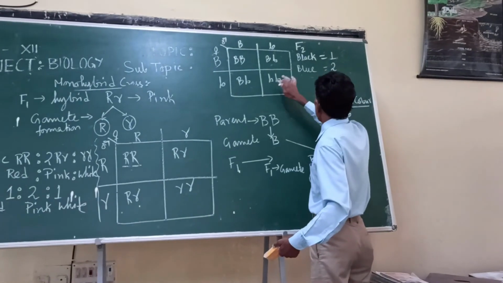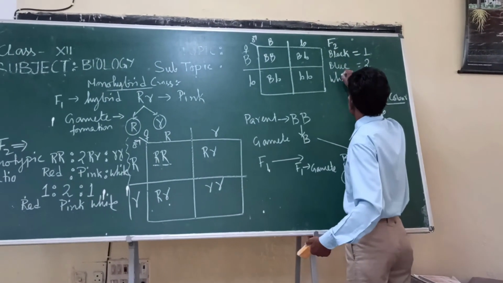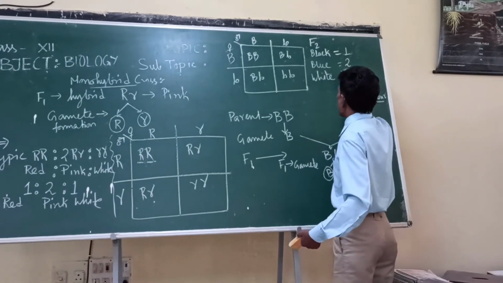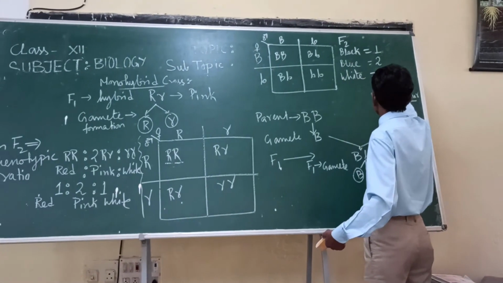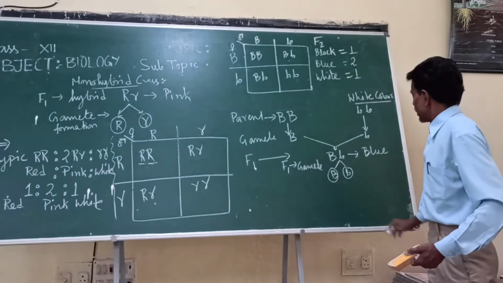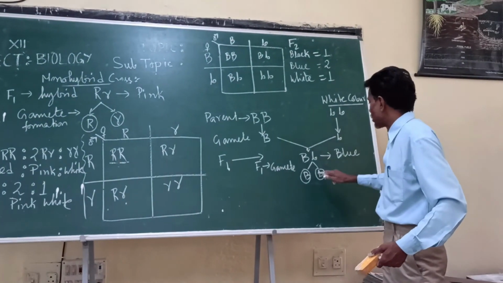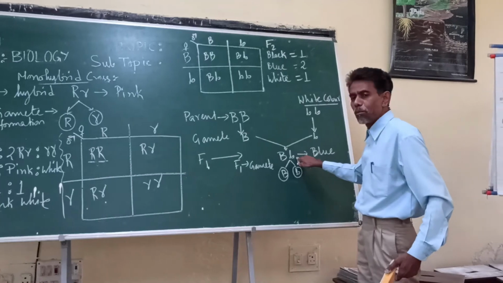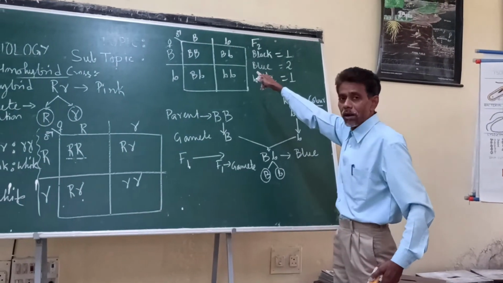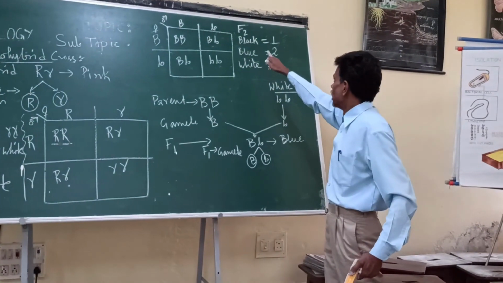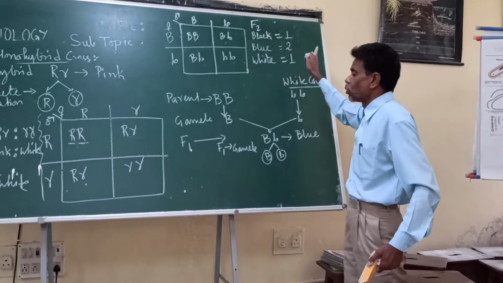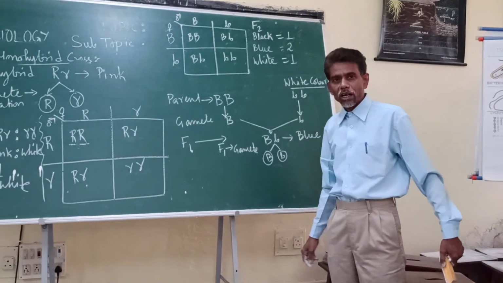And white, out of 4, 1. So again, the parental colors, black and white, which were missing in the F1 progeny, are recovered. And we see here in the form of a 1:2:1 ratio in the F2 generation.